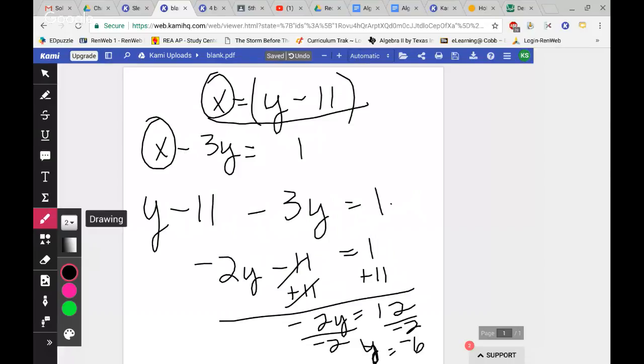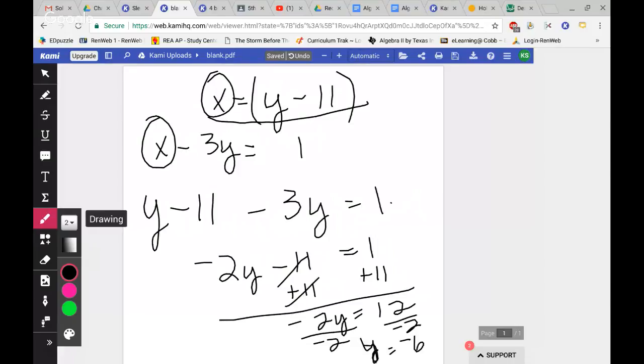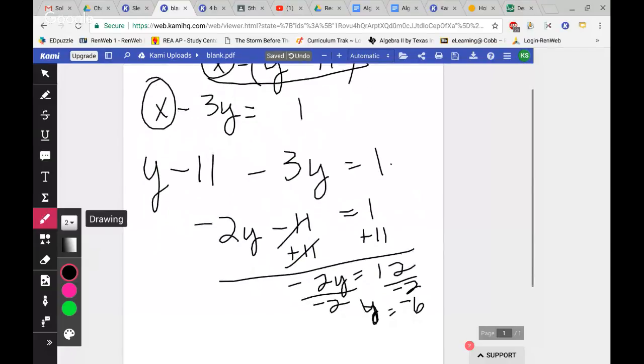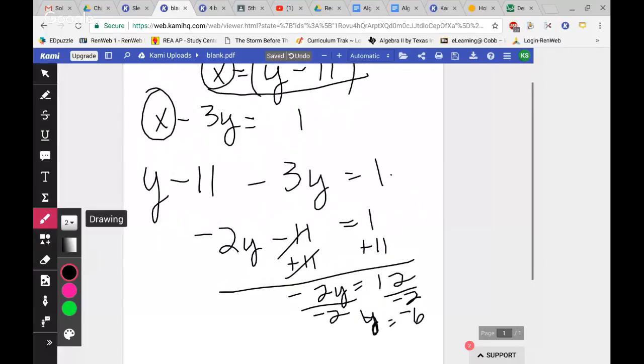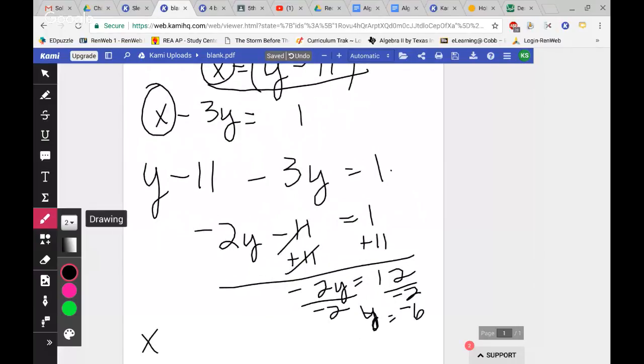So then you would substitute that negative 6 back in to one of the equations. So x equals negative 6 minus 11, because you're substituting that back in. So x equals negative 17. So the ordered pair is negative 6, negative 17.